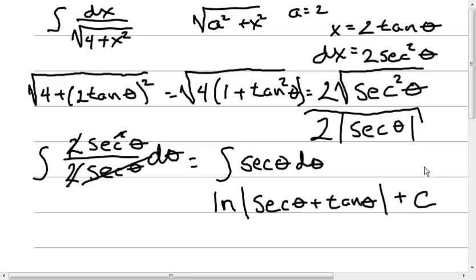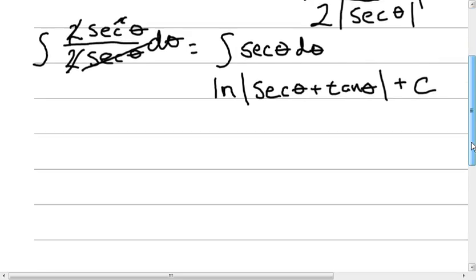The next step, as I said, is the x substitution replacement to get back to an equation in terms of x, but it's not immediately obvious how to do that. The way it's always done is by going back to the right triangle that we used in the example to show you where these calculations come from.